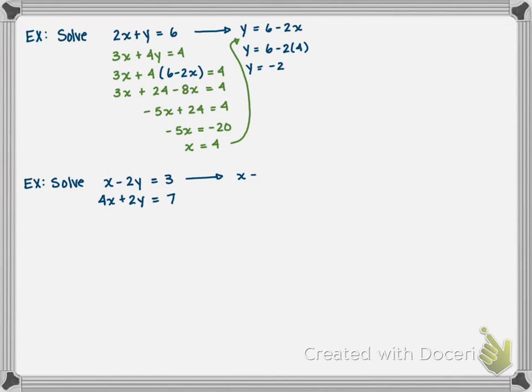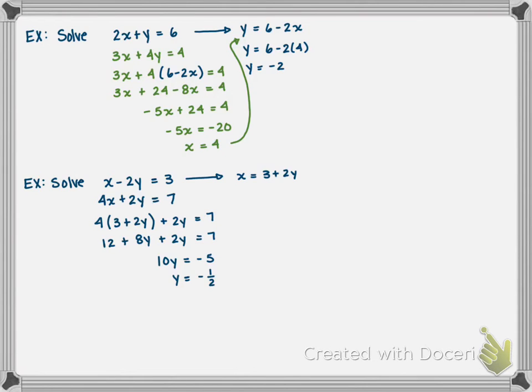So we had x equals 3 plus 2y, or 2y plus 3, doesn't matter the order. And so then we have 4 times 3 plus 2y plus 2y equals 7. So 12 plus 8y plus 2y equals 7. And I think that ends up giving us 10y equals -5, yeah? After a couple steps, and then y equals -1/2.